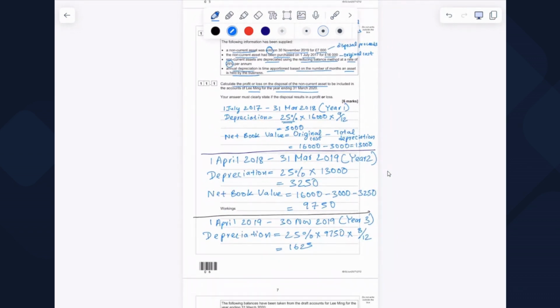Okay. Now that I've calculated, we want to find the net book value again at end of year three. So how do we do that? Again, we start with the net book value that we have from the previous year of 9,750, which had already taken into account any previous depreciations that we had for the first year and the second year.